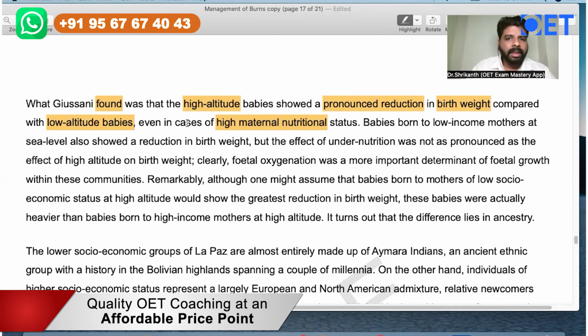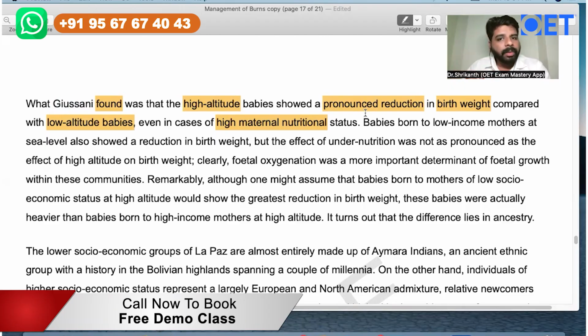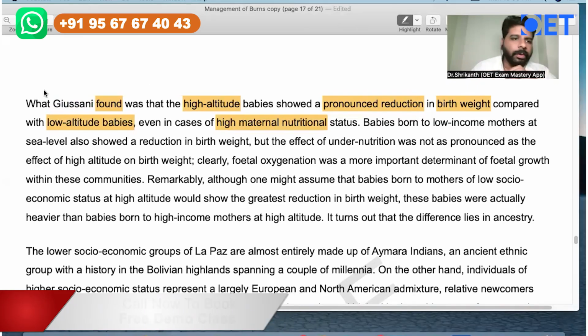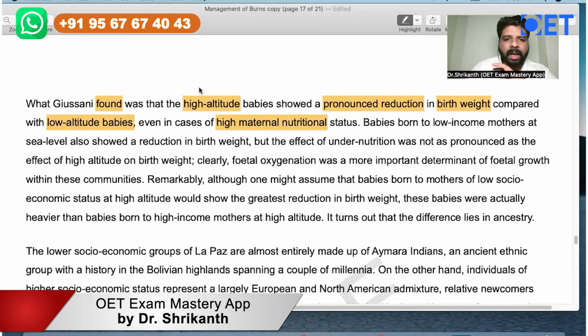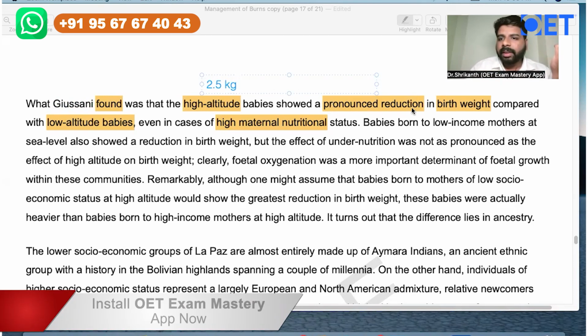High altitude babies showed a very big reduction in birth weight compared with low altitude babies. For easy understanding, let's say a high altitude baby was maybe 2.5 kg, showing a reduction compared with a low altitude baby, who was 3.5 kg.